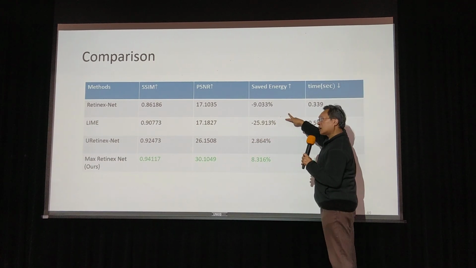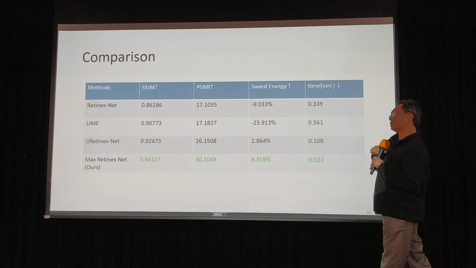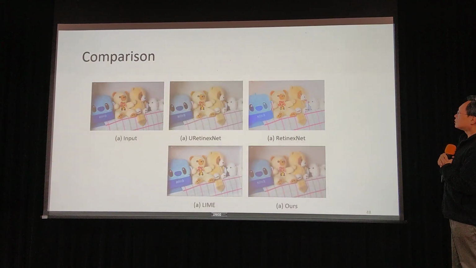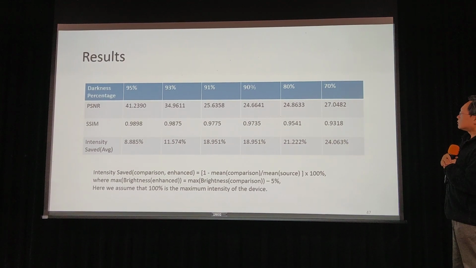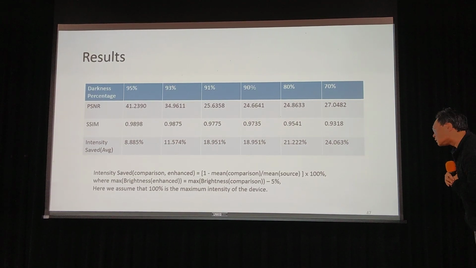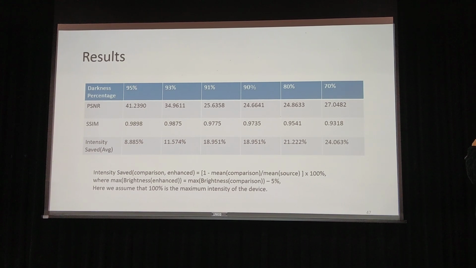I explained here that the intensity saved is calculated with this formula: the ratio is from the maximum intensity, but the saved intensity is calculated with the mean of the intensity. Okay, I see.